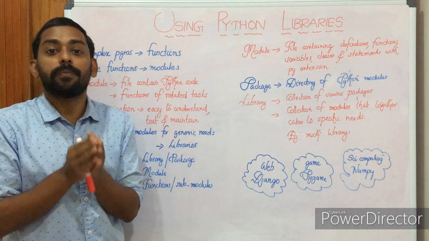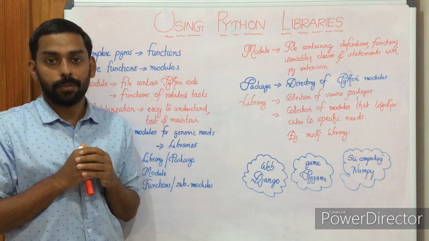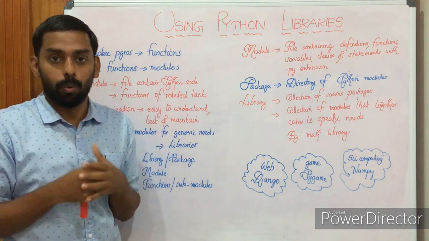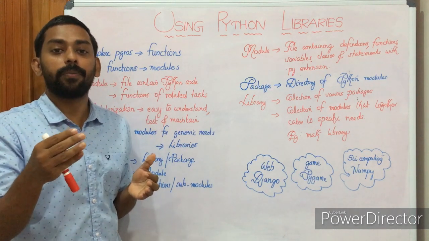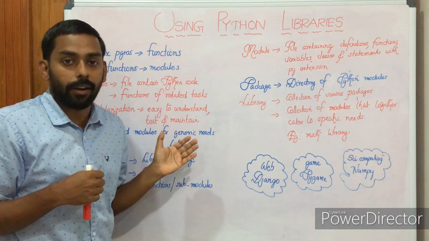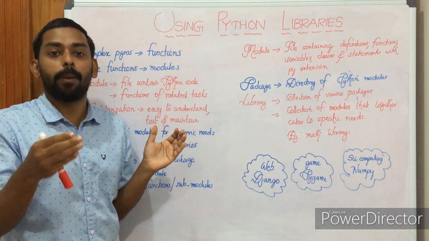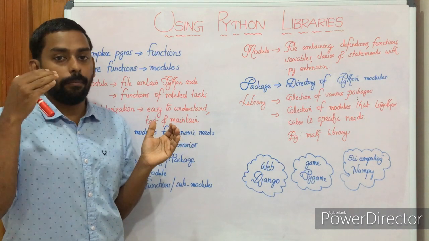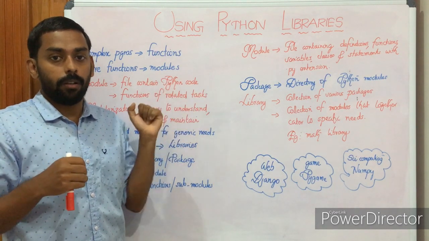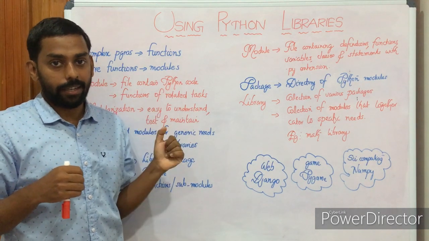So we make use of modules for that purpose. In a program we can have many modules, and each module consists of various functions. So modularization helps us understand the problem very easily, test it easily, and of course maintain the software easily.